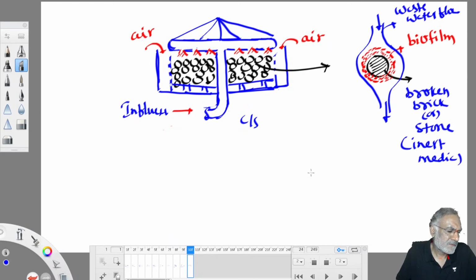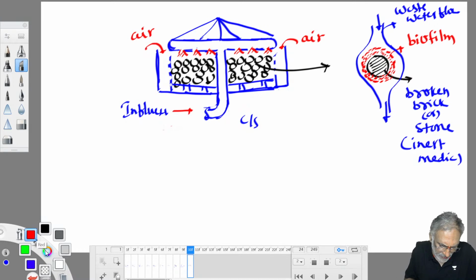Clear or not? In the beginning, the thickness of the biofilm will be very, very small. As time progresses, the thickness of the biofilm increases. Food is available, oxygen is available, so biofilm starts growing.